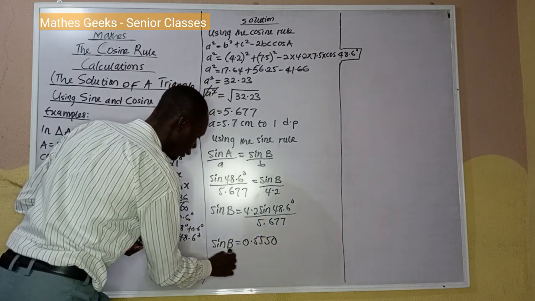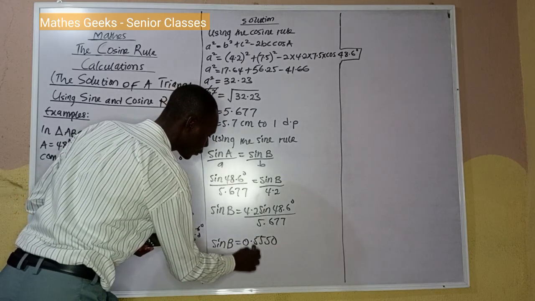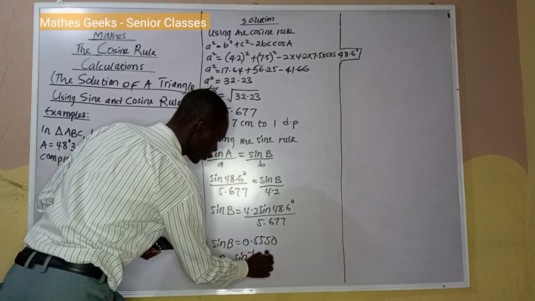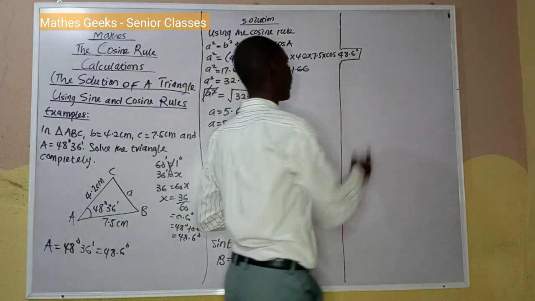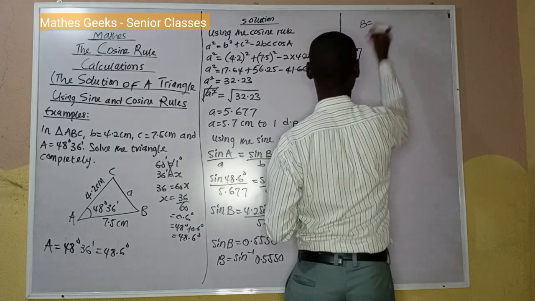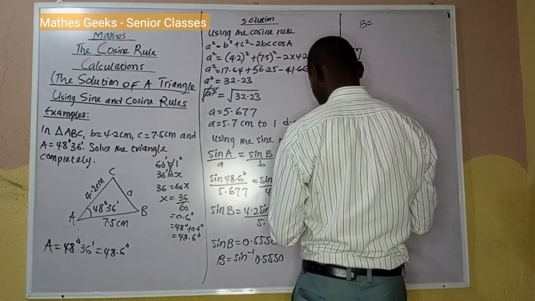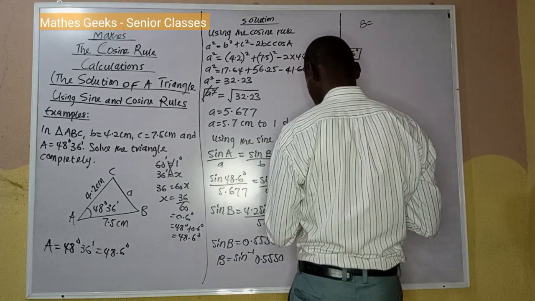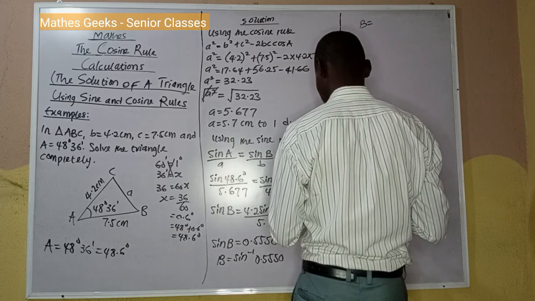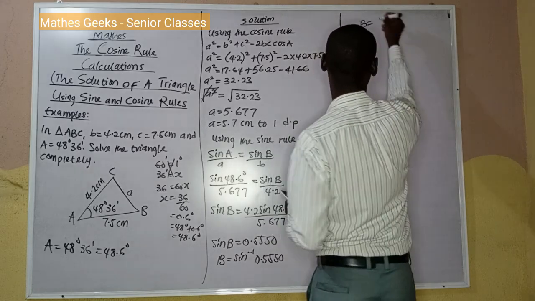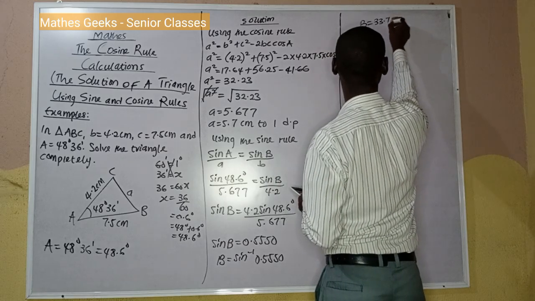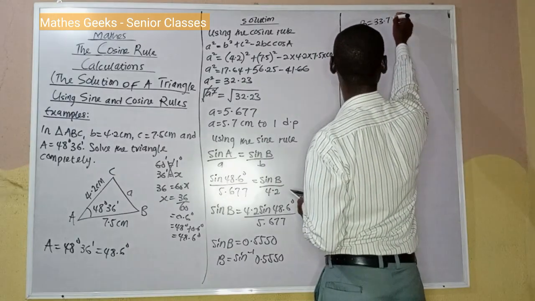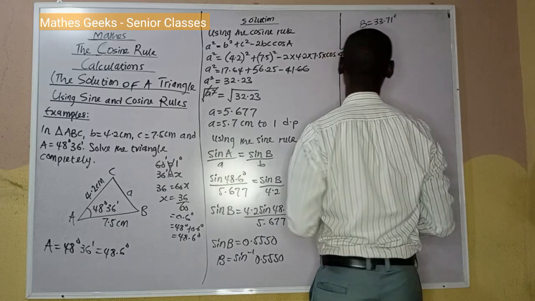So B is equal to arc sine 0.5550. Angle B is equal to 33.71 degrees.